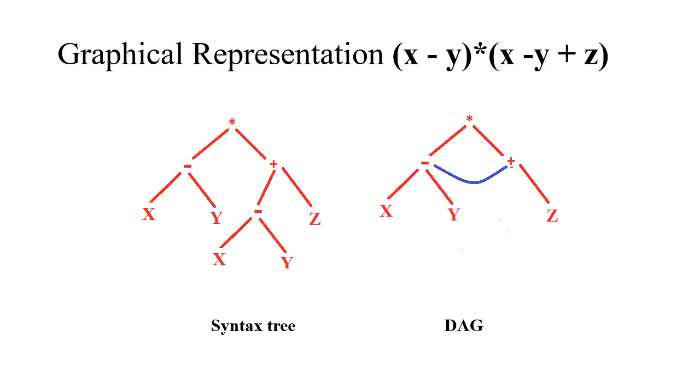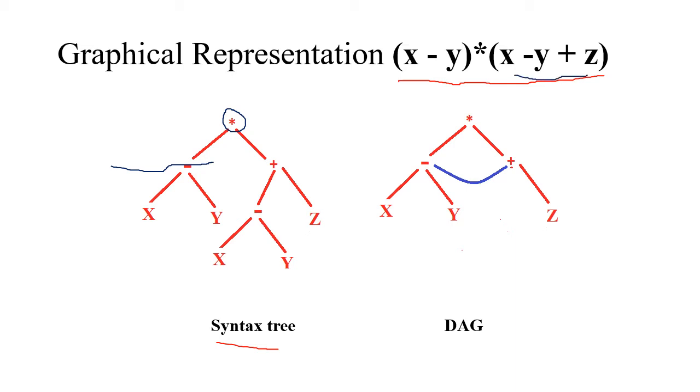For example, consider this statement x minus y star x minus y plus z. So we have to construct the syntax tree. Initially, we start from this minus. That means we get x minus y. Then we can perform this star, and the right operand is x minus y plus z.